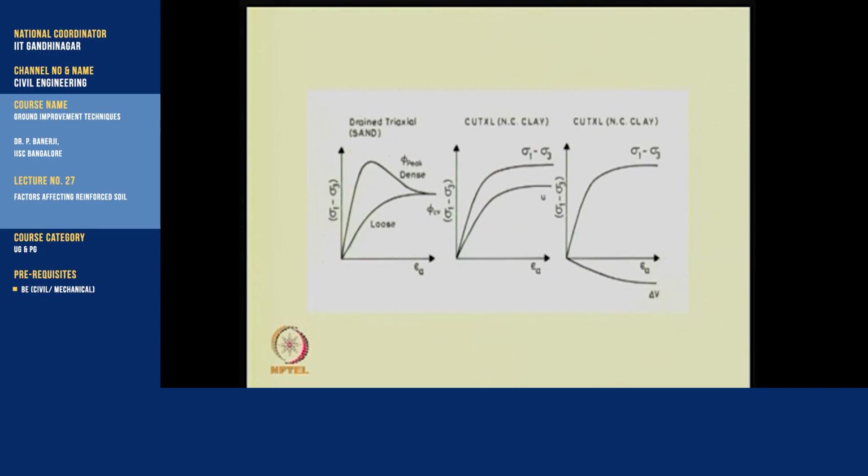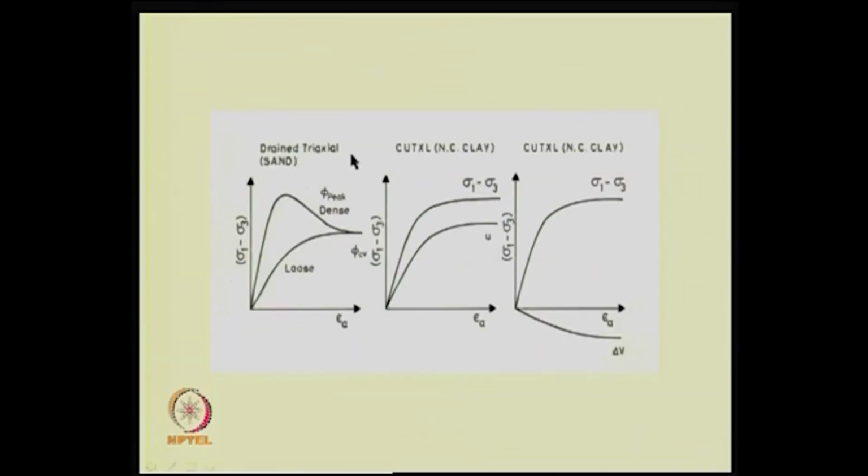Okay. The angle of dilatancy is an important parameter in reinforced soil, because if you are trying to take the peak response, as I just mentioned, reinforced soil will not dilate, it will not come back, and this type of strain softening will not be there in the case of reinforced soil.